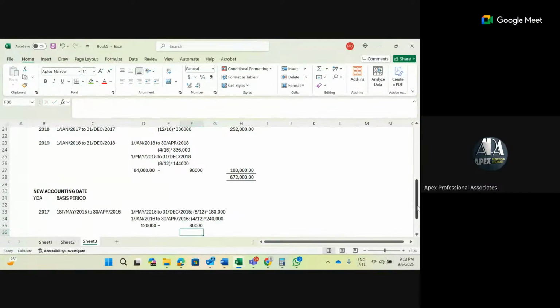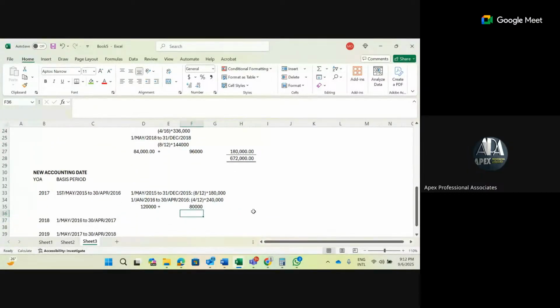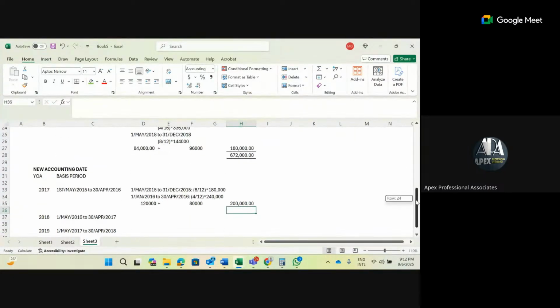What do you have? We have 80,000 plus 120,000. So let's add it up: 120,000 plus 80,000 naira. So we have 200,000 naira for the first year.